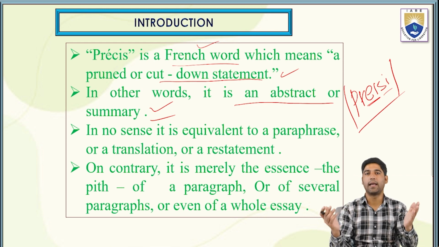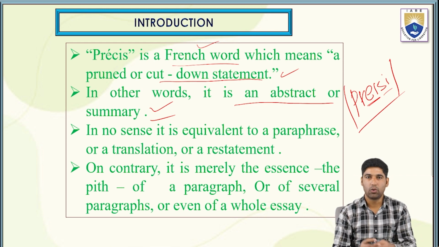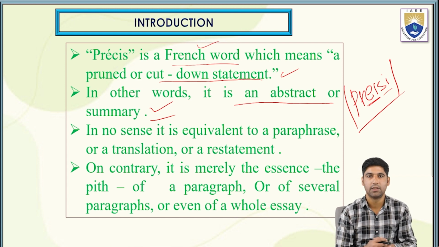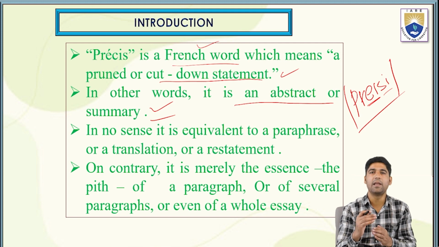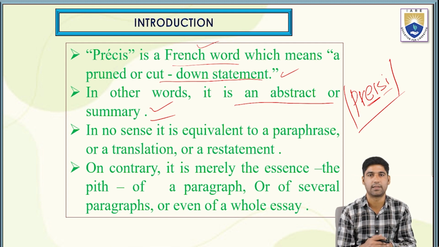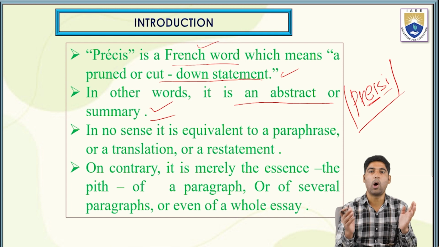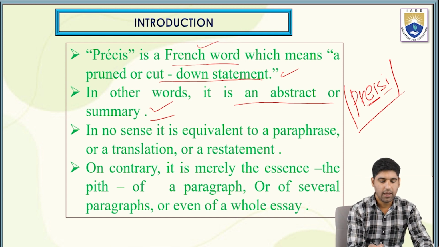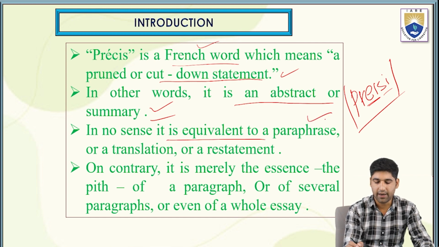It's not the real text. No doubt it contains all the main events, the main story, the main idea in the passage, but it's called an abstract or summary because it's not a copy of the original text. And in no sense is it equivalent to paraphrase, translation, or restatement.